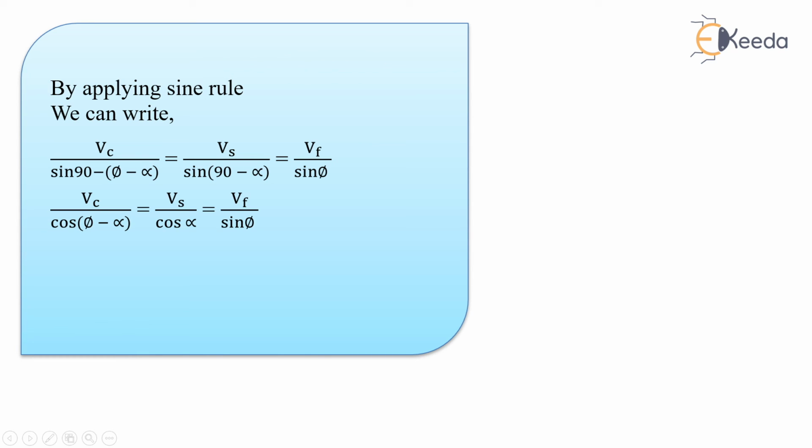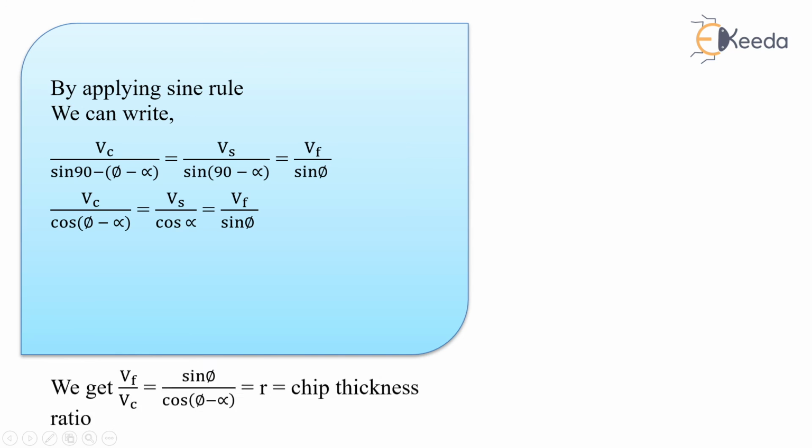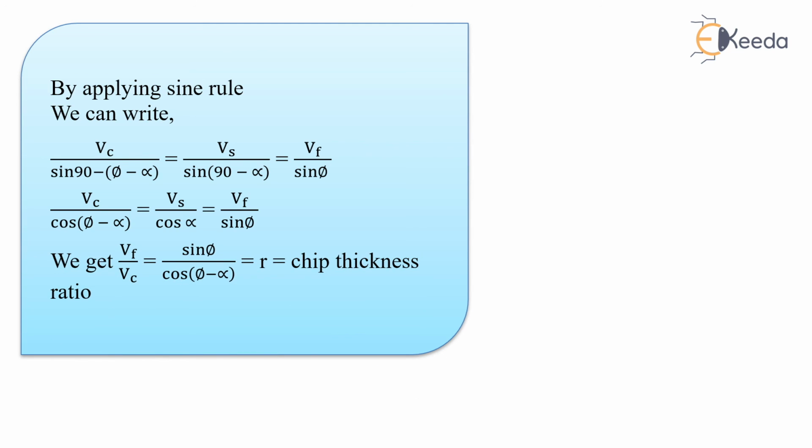Vc cutting velocity, Vs shear velocity, Vf flow velocity of chip. Phi is the shear angle, alpha is the rake angle. Please remember this. This is the relationship between the velocities. And once again, it is very much clear that we can write for Vf divided by Vc, it is nothing but sine of phi divided by cos of phi minus alpha, which is also our chip thickness ratio.